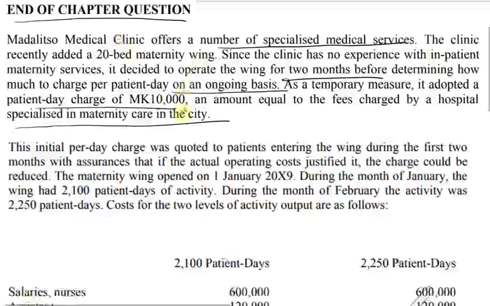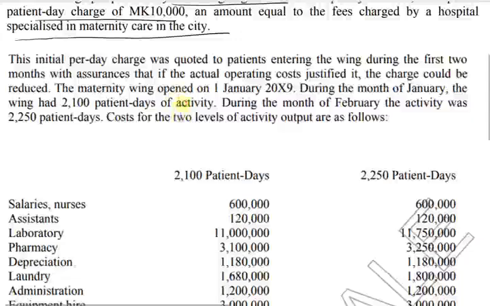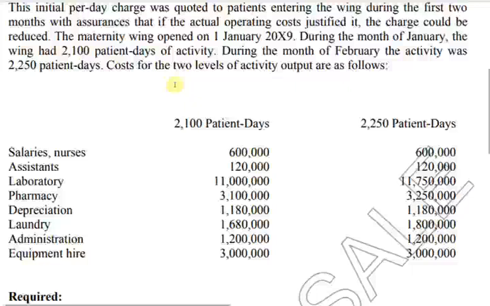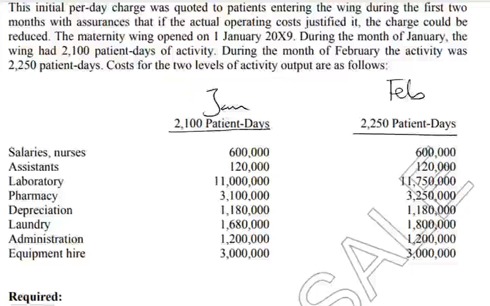So we have patient days in the first month, January, with 2,100, and in February, 2,250. So we are seeing that patient day is the cost unit that they are using. We talked about cost unit being a unit of product or service where cost can be established.